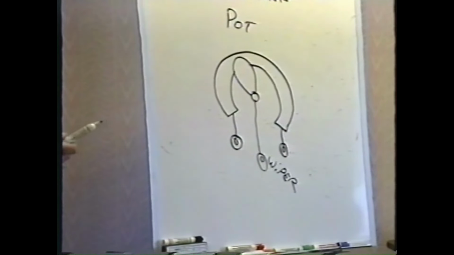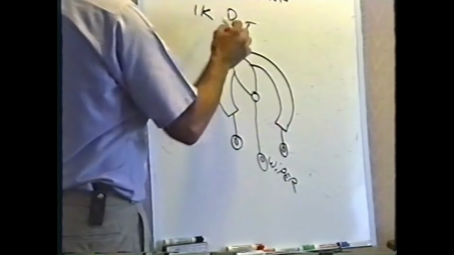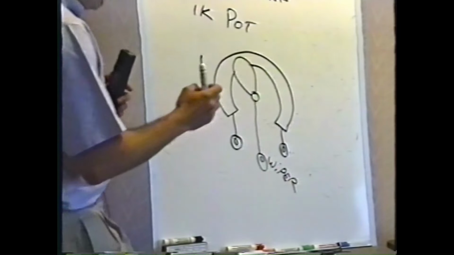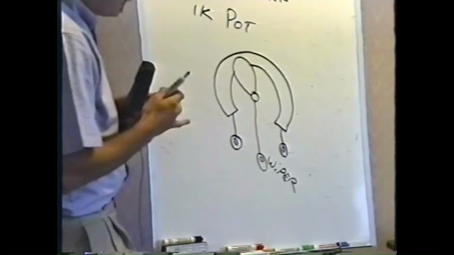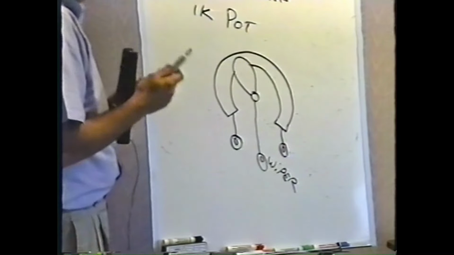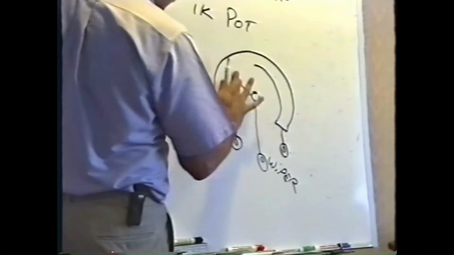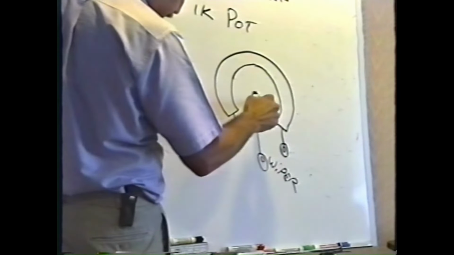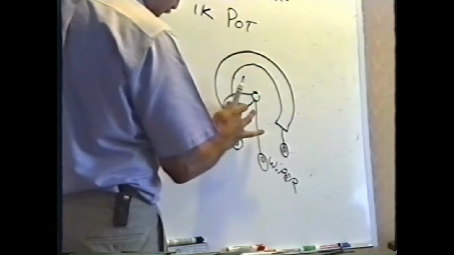It's really simple. Let's say, for example, that I have a 1K potentiometer, 1,000 ohms. That means that from one side of the resistance to the other side is 1,000 ohms. If I were to measure the resistor from one side to another, I would get 1,000 ohms of resistance. Depending on where the wiper is set, we can get any value we want. For instance, let's say the wiper's all the way at this side.